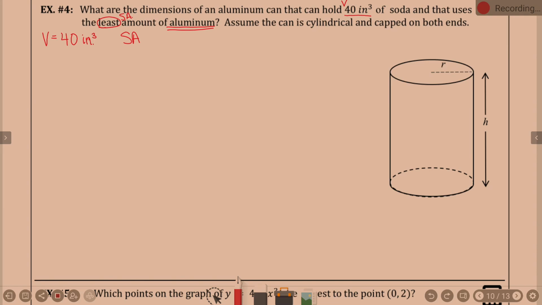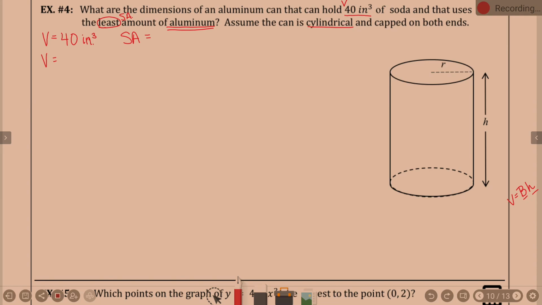Okay, we need formulas for both surface area and volume. Let's start with the volume of a cylinder. I always say if it's a prism where the ends are both the same, it's base times height, but the base is the area of the base times the height of the object.